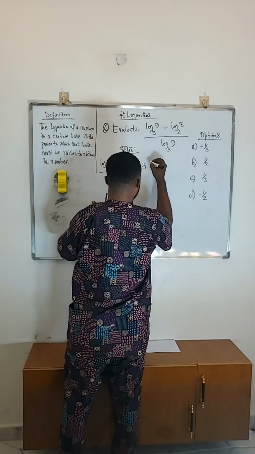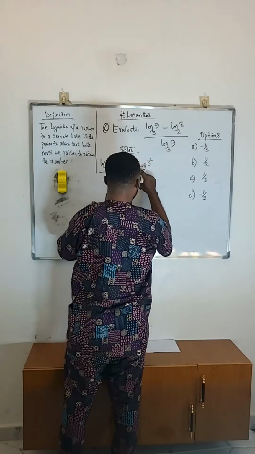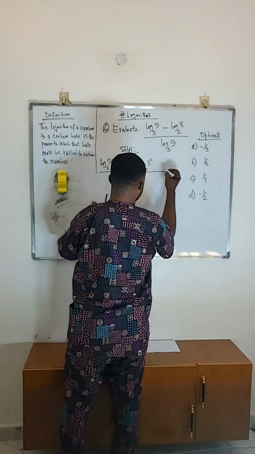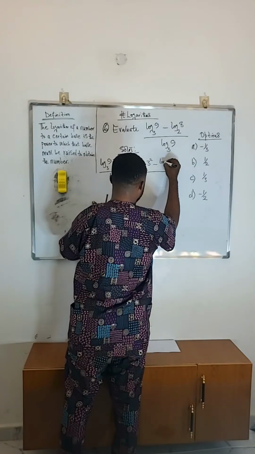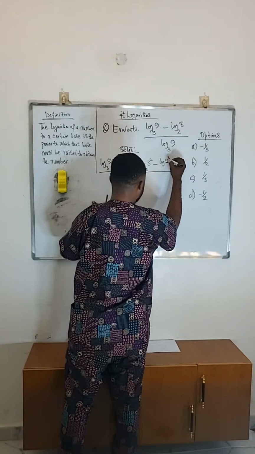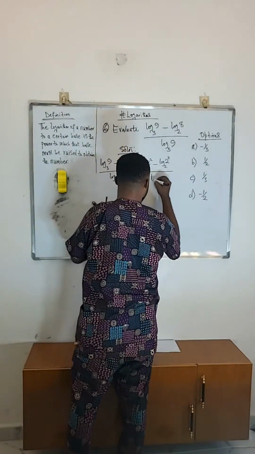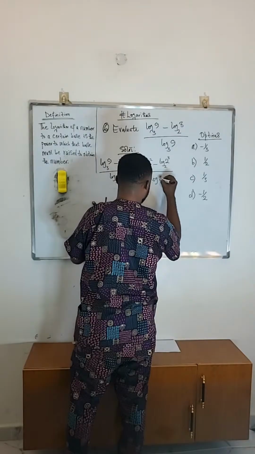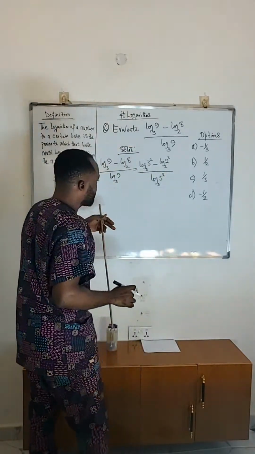That's going to be log 3 raised to the power of 2 in base 3, minus, we also express 8 on the basis of 2. That would be 2 raised to the power of 3 in base 2. The next one, we're going to express 9 again on the basis of 3. That will be 3 raised to the power of 2.